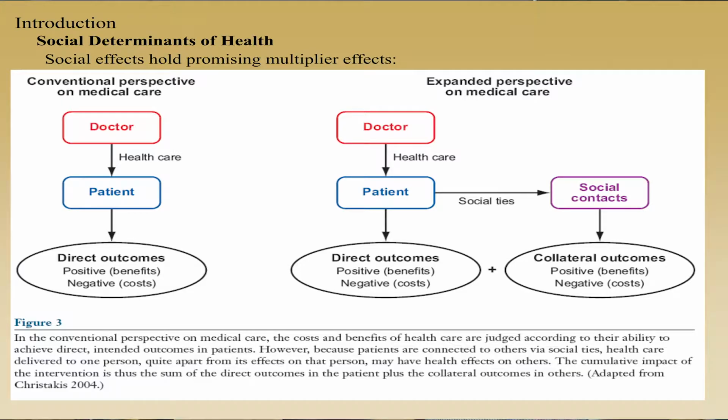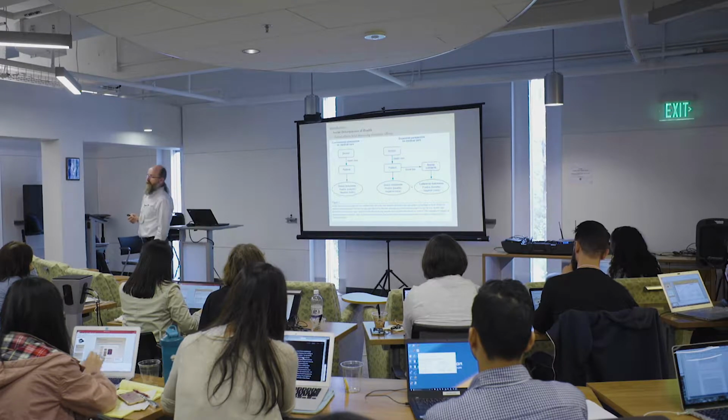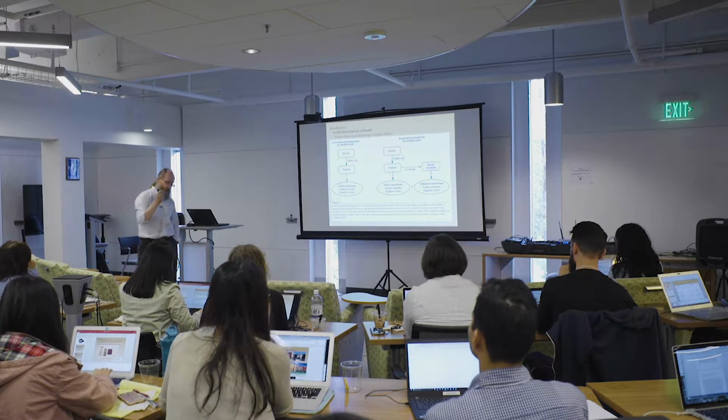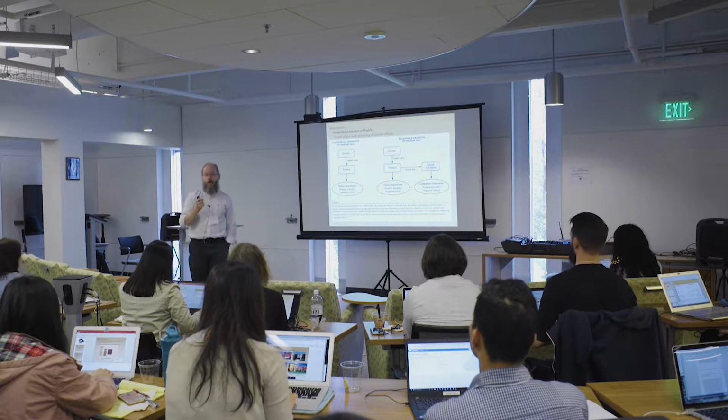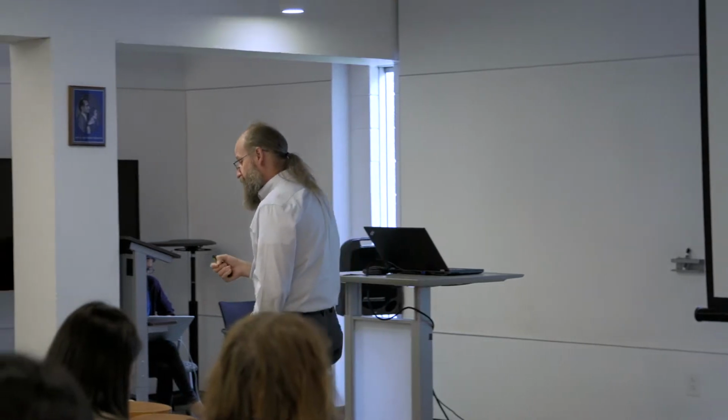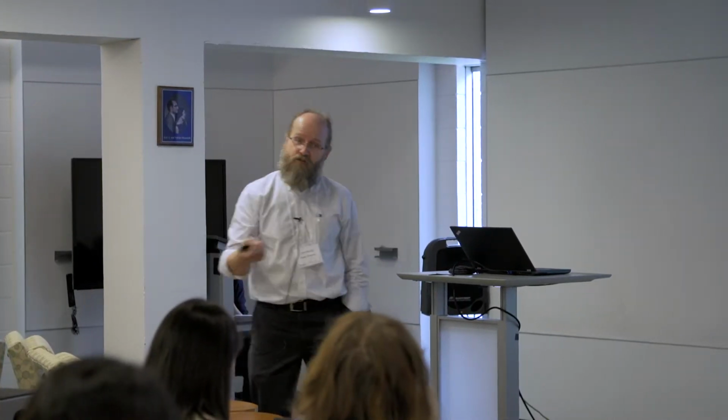There's another side of the social determinants of health that gets a little bit less play. Now, this has come up a lot in some of Christakis and Fowler's work, and I think is arguably going to be the next 20 or 30 years of social network research, which is what I would call the spillover effects. Right? We've invested a lot into thinking about how the treatment we give to a patient will help that patient. Right? That's what we're trying to do to that patient. But the beauty is that that patient has friends, colleagues, and countrymen, and the things that we do for them, they might also do for those folks, right?